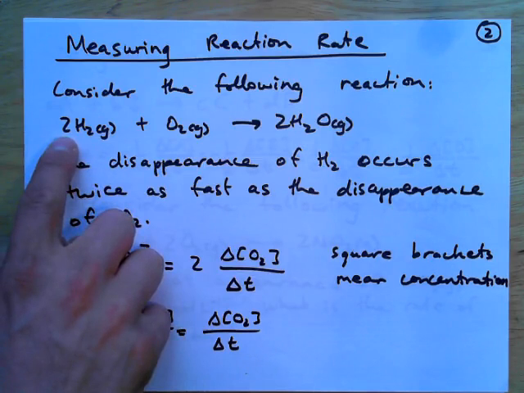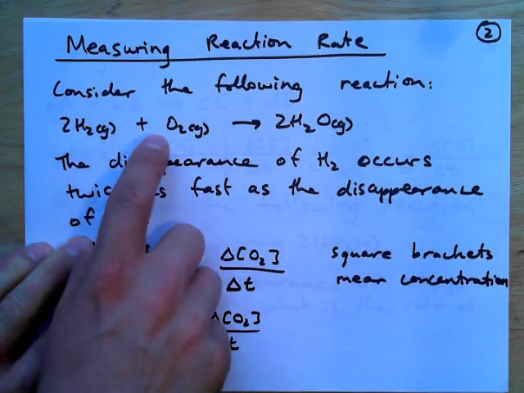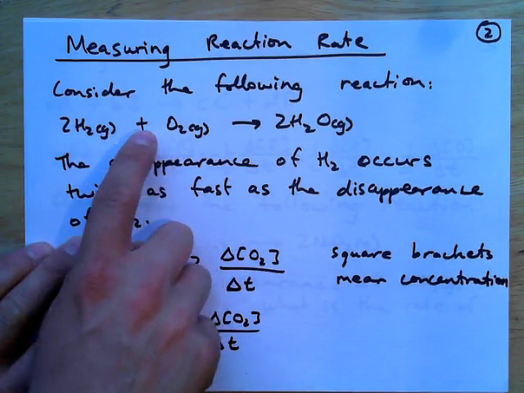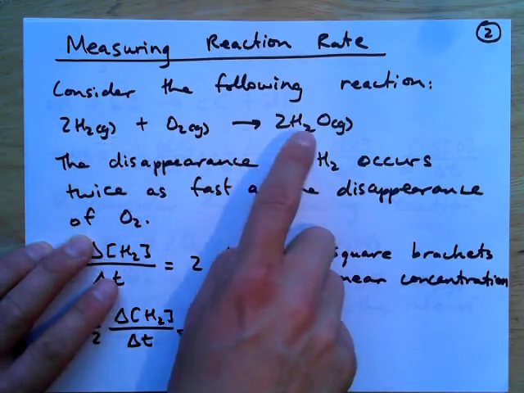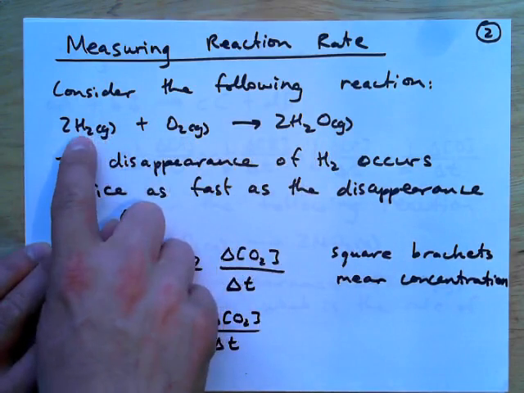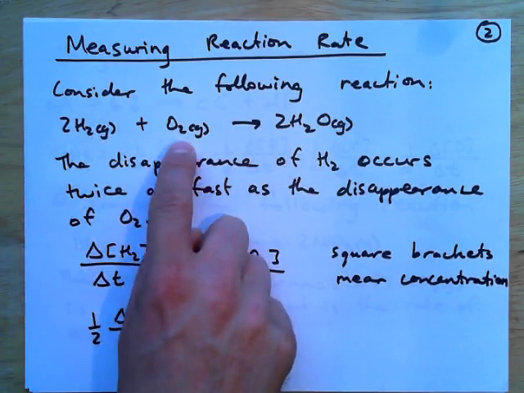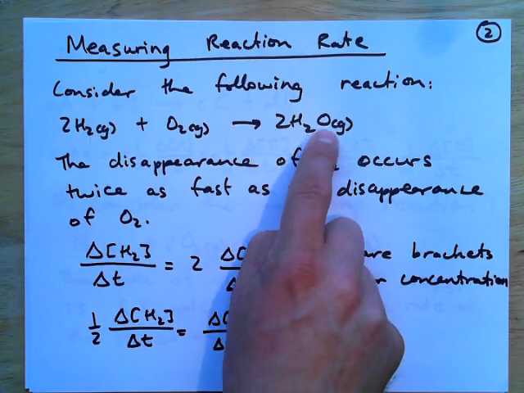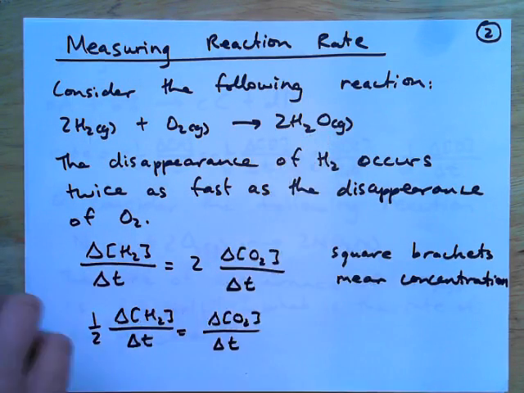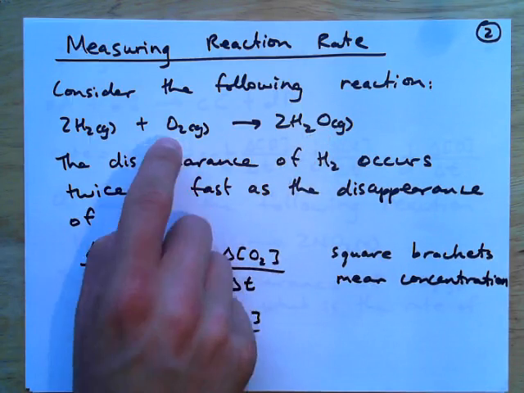So if we look at the number here, we've got 2 compared to 1, and so for every water molecule that's going to be formed from these, I need twice as much H2 as I do O2, because the ratio of hydrogen to oxygen is 2 to 1. And so that means that the H2 is going to be used up twice as quick as the O2.